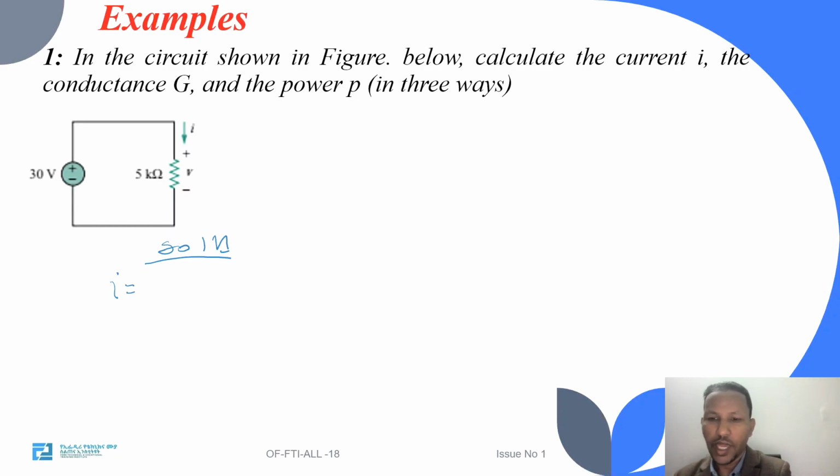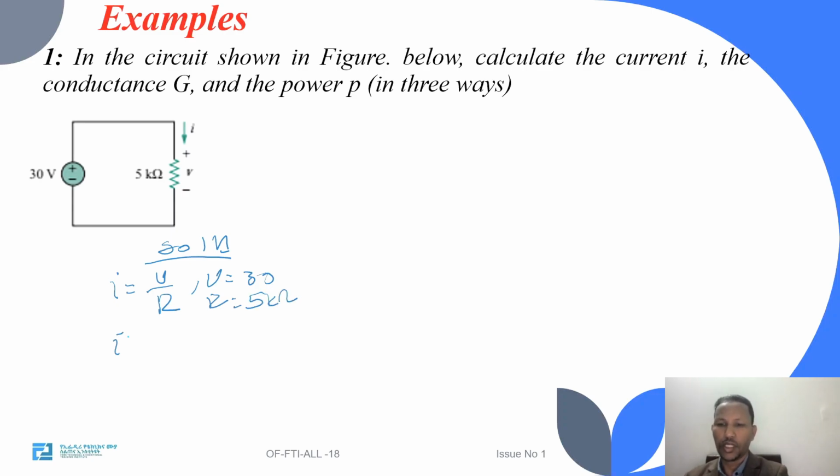The current I is given by V over R. For our case, the voltage is 30 volt and R is 5 kilo ohm.